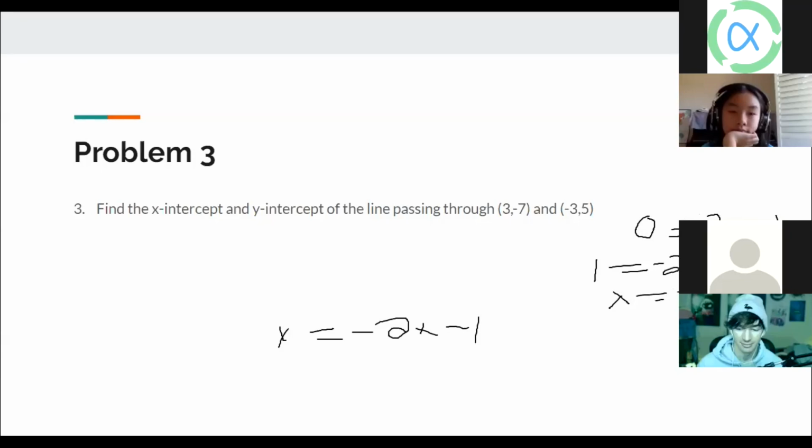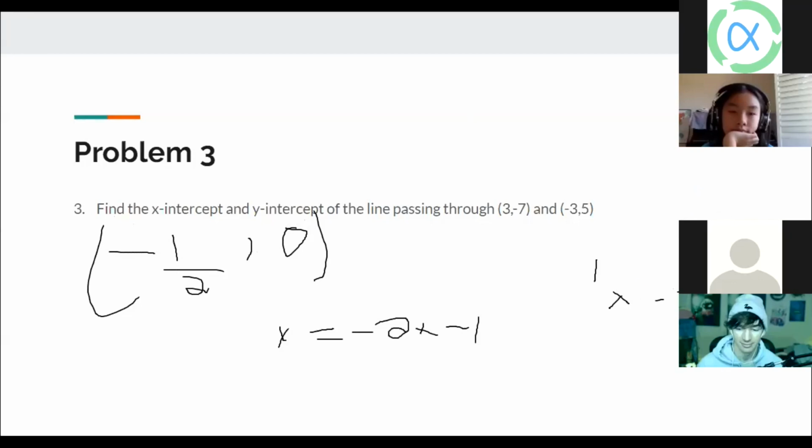You would write your x-intercept as (-1/2, 0). And then your y-intercept is when x is equal to 0, so it's just going to be (0, -1). So this is our x-intercept and that's our y-intercept. So we're done.